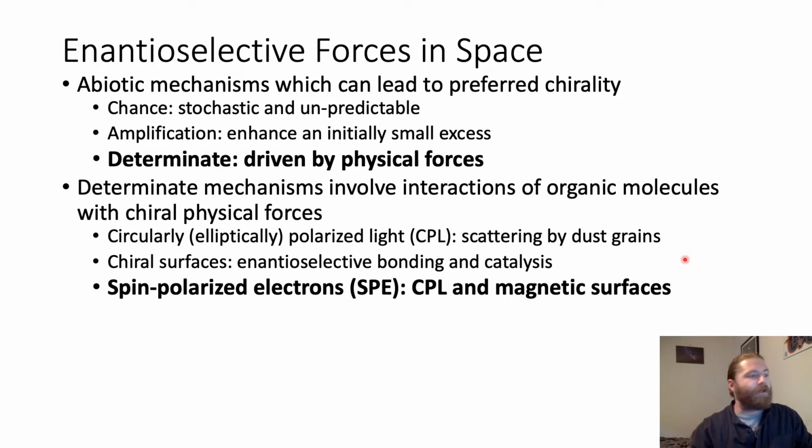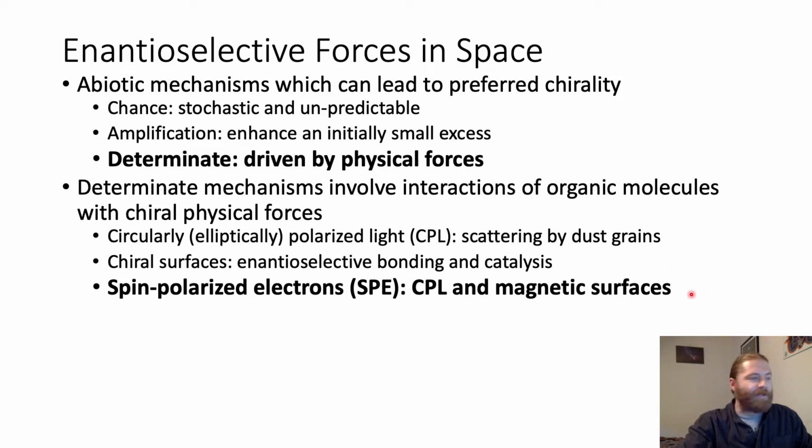Those circularly polarized photons can induce an enantiomeric excess. Alternatively, you can get preferential bonding or catalysis on chiral surfaces. Both of these have been explored and in general produce fairly small enantiomeric excesses.